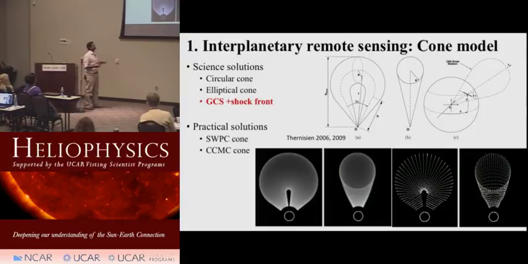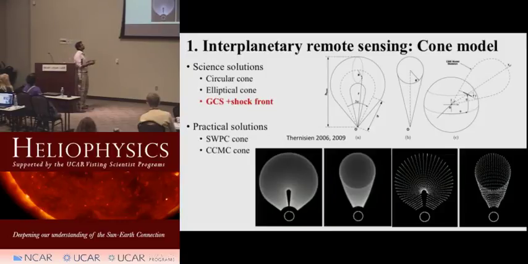But for science purposes, you're probably at this stage still best off approaching the situation using this model. It's called the graduated cylindrical shell model, done by Arnaud Thernisien from NRL, and it's within the SolarSoft package. So this is freely available, and you can just actively use it in IDL, and it's super simple. We've got a GUI and everything.